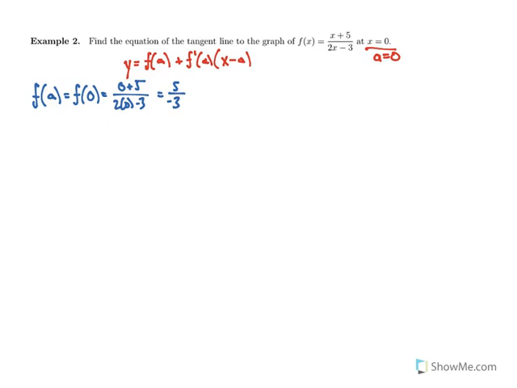In order to find f prime of a, I need to find the derivative first. And we're going to use the quotient rule there.